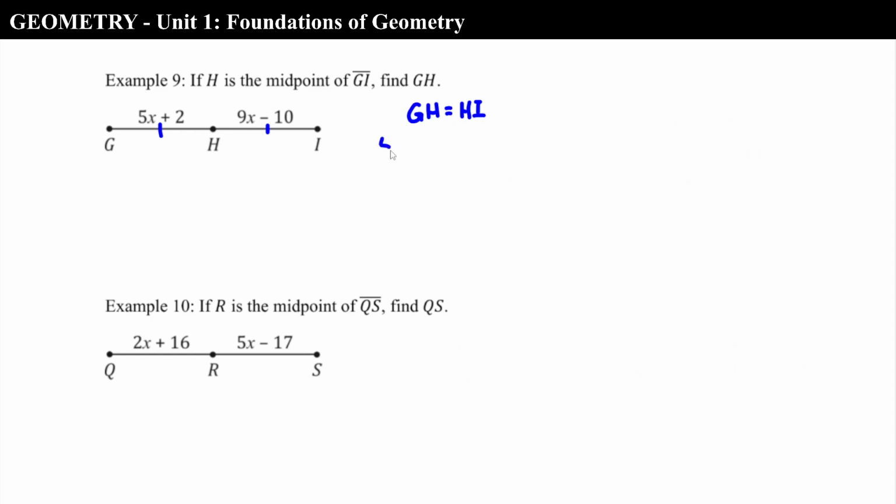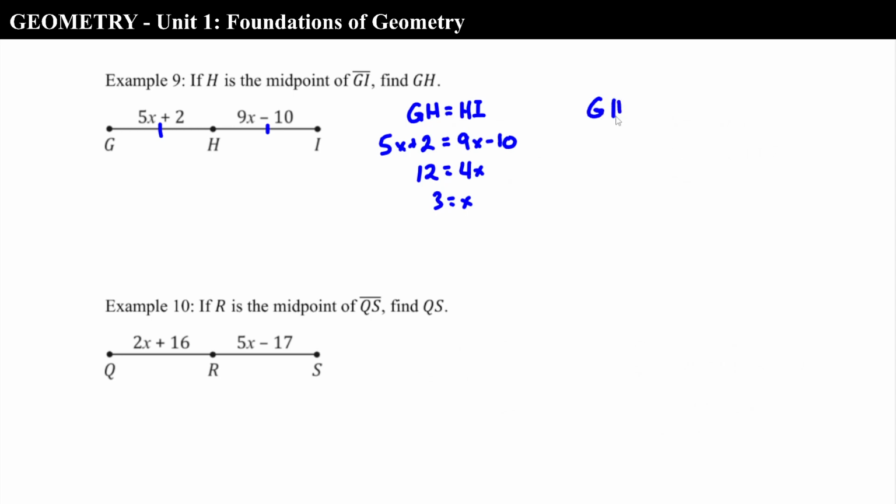So if GH is 5x plus 2, we will put that here. HI is 9x minus 10, so we put that here. Now let's solve for x. So let's subtract 5x from 9x, that gives us 4x. Let's add 10 to 2, so that gives us 12. So x equals 3.